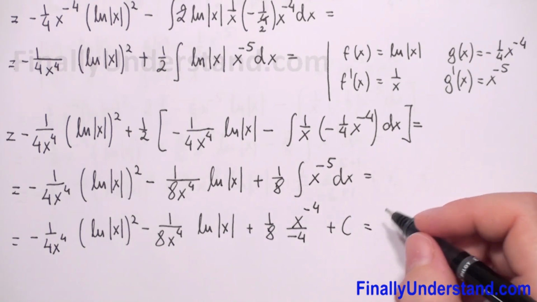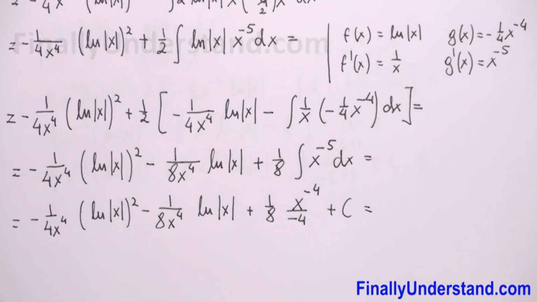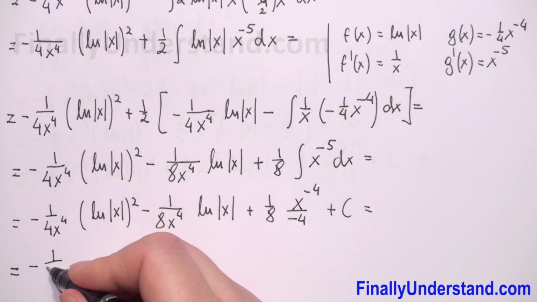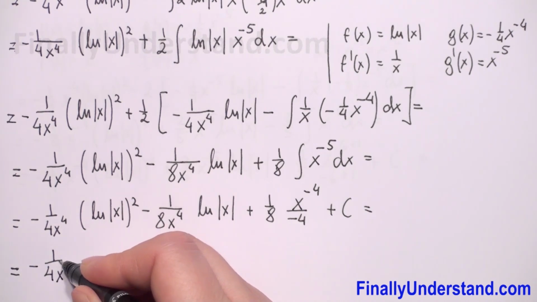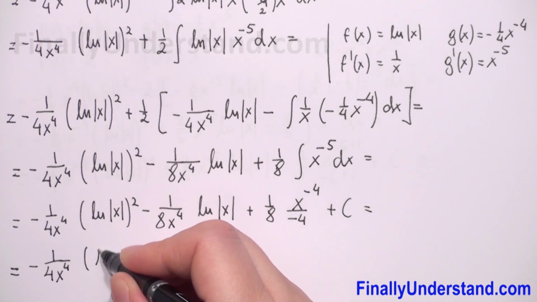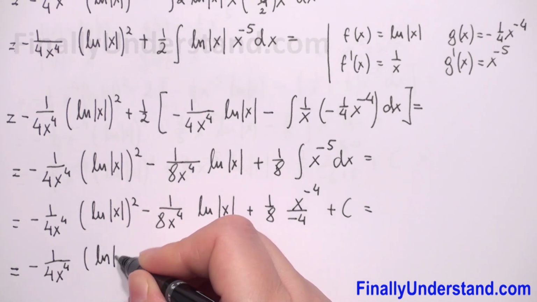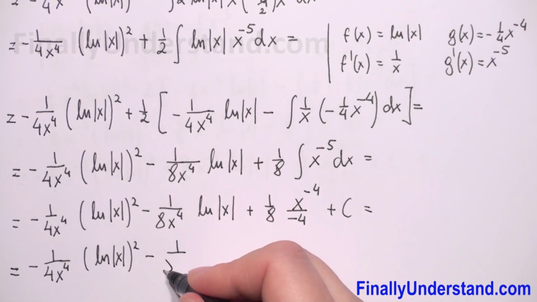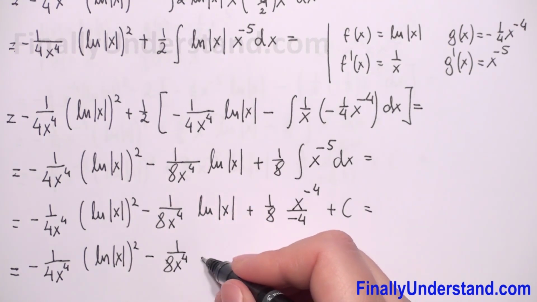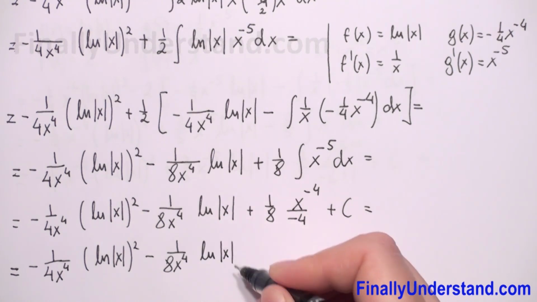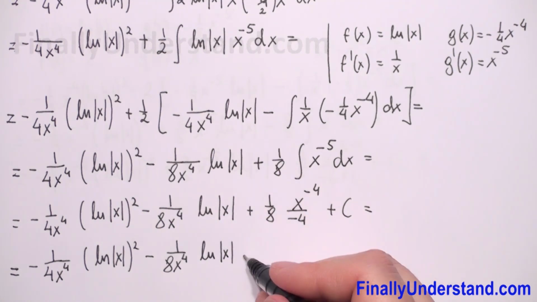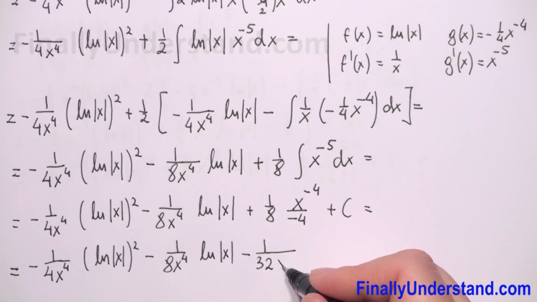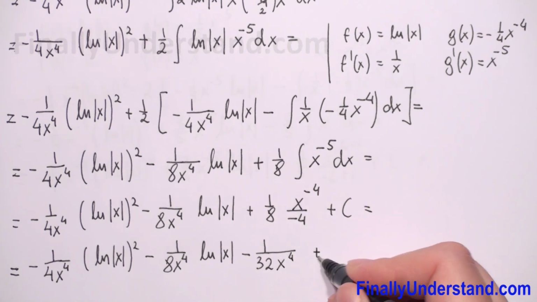So this is equal. We have to rewrite this one more time. We have negative 1 over 4x to the 4th power times the square of the natural logarithm of the absolute value of x minus 1 over 8x to the 4th power natural logarithm of the absolute value of x, and positive times negative is negative 1 over 32, and we have x to the 4th power plus c.